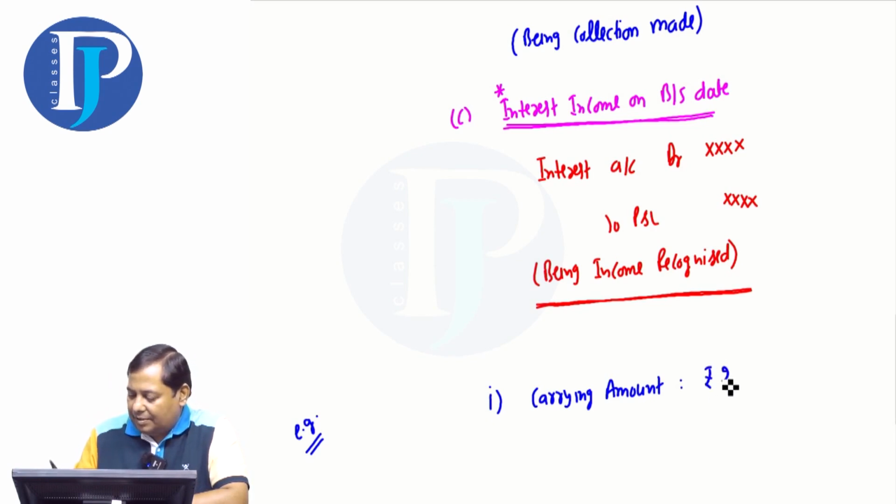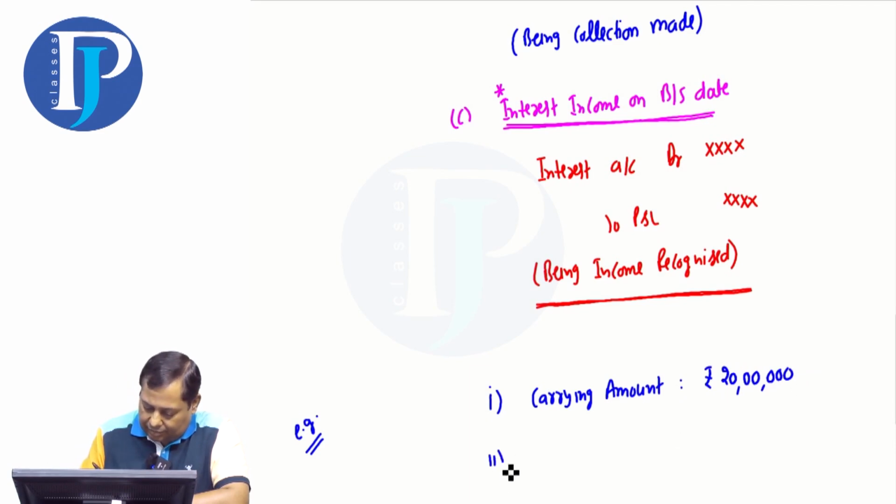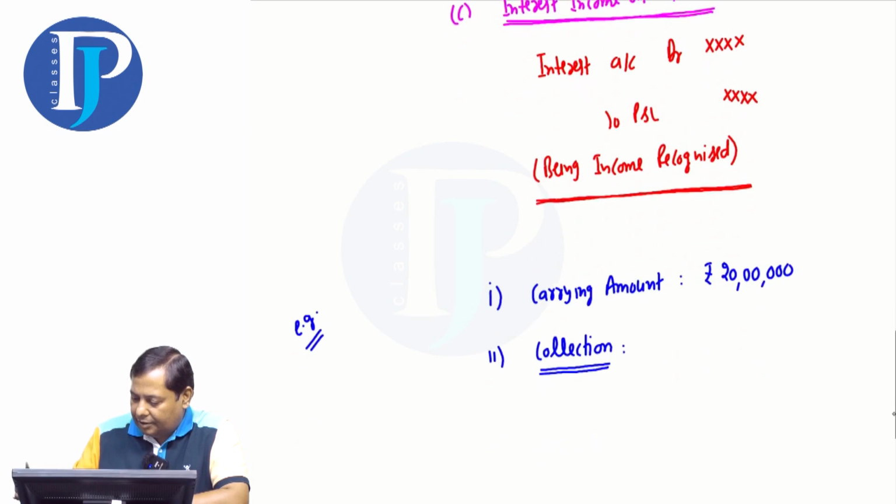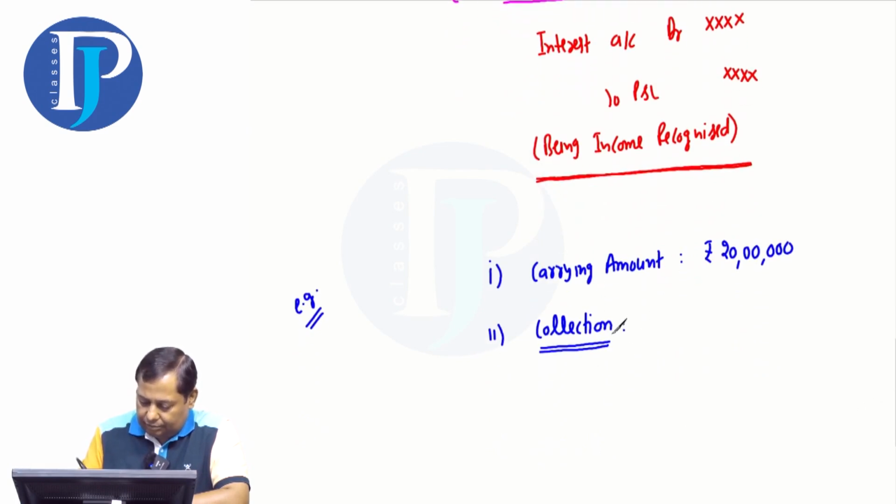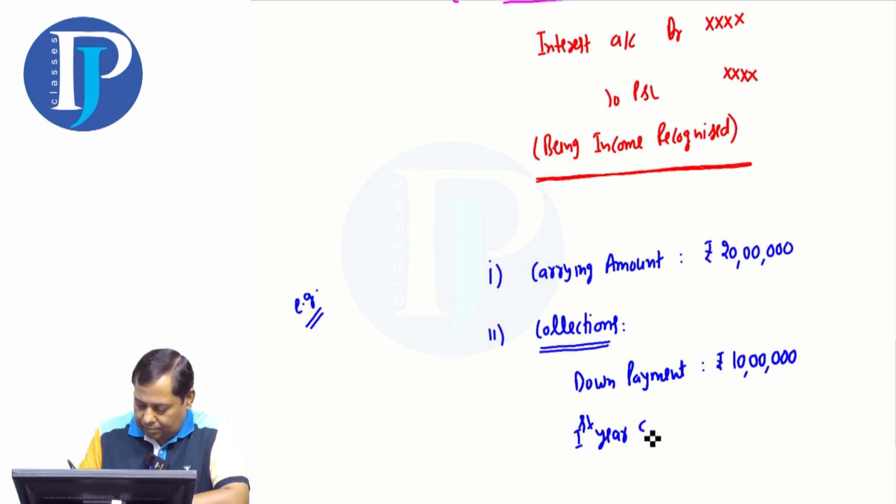Let's say the carrying amount is 20 lakhs. Collection received will be under this: the down payment will come as rupees 10 lakhs. At end of first year, 5 lakhs will be received.